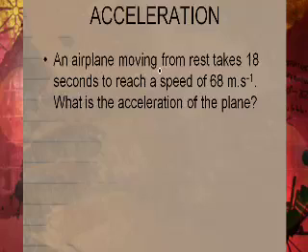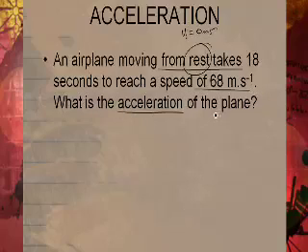For example, quickly let's have a look at this. An airplane moving from rest, so initial velocity is 0 meters per second, takes 18 seconds to reach a speed of 68 meters per second. What is the acceleration of the plane? Acceleration is v final minus v initial divided by the time taken for that change.